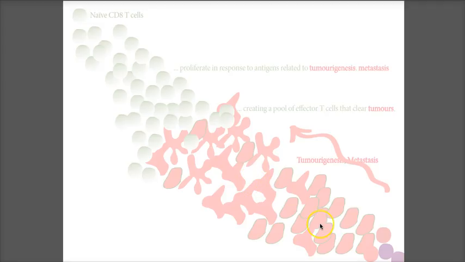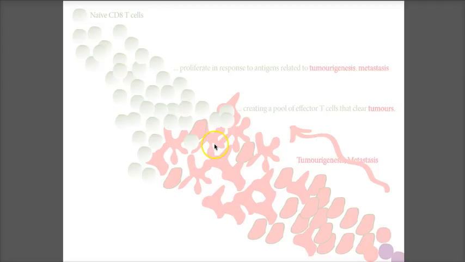Tuesday, when we discuss the paper Hallmarks of Cancer, we'll be discussing this progression, tumorigenesis and metastasis. I'm using the liver as an example, the progression of a normal cell through to a cancerous cell. The cancerous cells present non-self antigens, and hopefully we have naive CD8 T cells, white blood cells, that present receptors that can recognize those antigens.